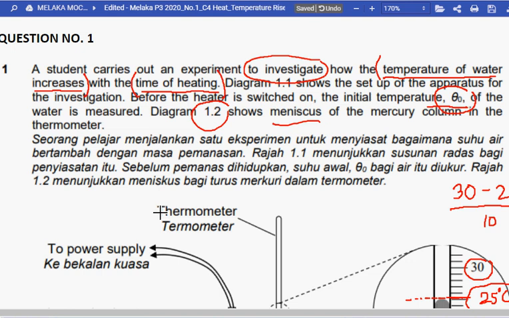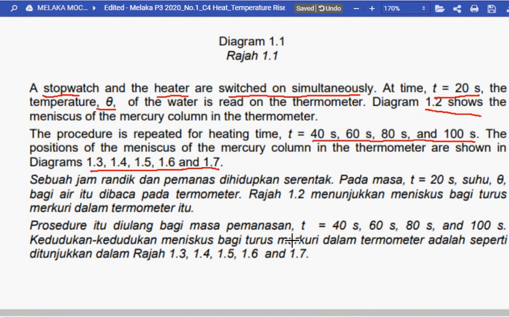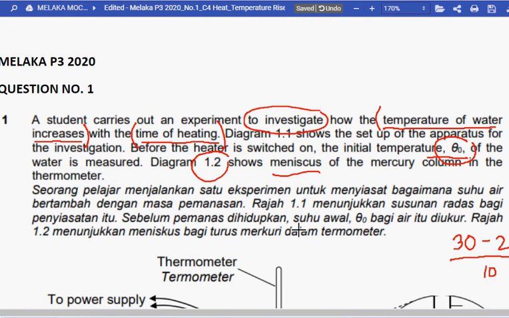But how do you confirm which is the manipulated variable? You see whether it is being repeated or not. You can see here the procedure is repeated, so this is an important keyword. Repeated with heating time T. So this is your manipulated variable, the heating time T. Look at the first sentence again. Do they have the heating time?